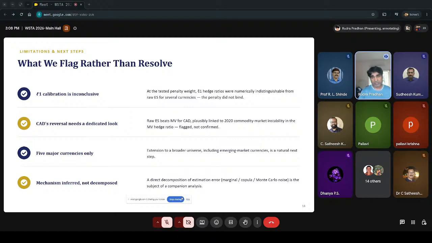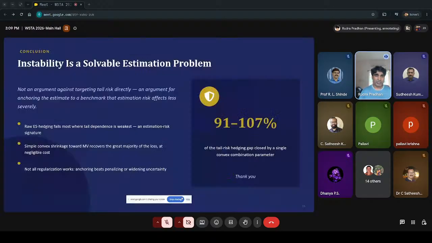The results may be different if we choose different currencies and a different time frame. In fact, we have used daily data, but quarterly data and monthly data can also be used, and again the mechanism can change. So some decomposition cases or advanced machine learning techniques can be applied to find out this particular issue.